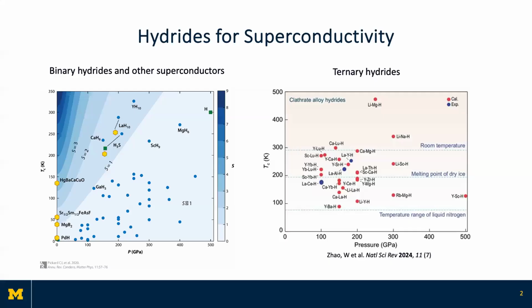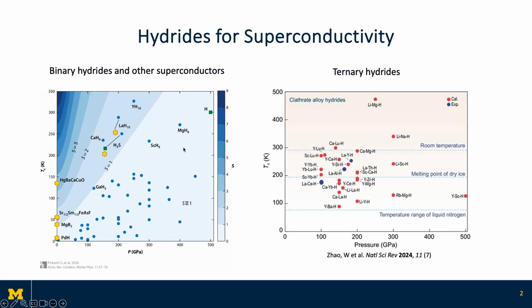So I guess to give some motivation, why hydrides? Hydrides have been a hot topic for the past decade or decade and a half or so, mostly because of superconductivity, right? There were a lot of predictions about how these hydrides could be superconductors. So materials with hydrogen ratios above 6, so somewhere around 9, 10 or more, could be high temperature superconductors.